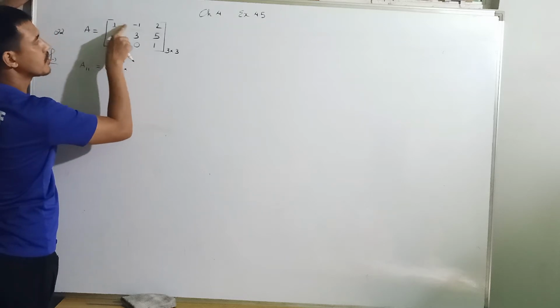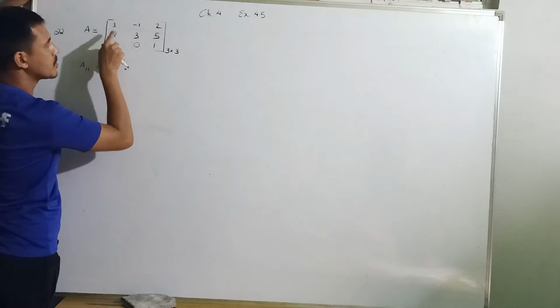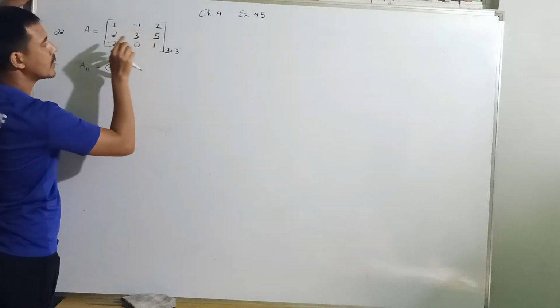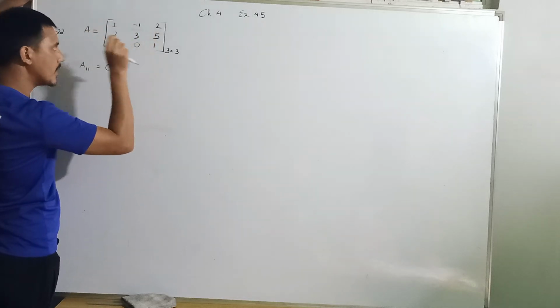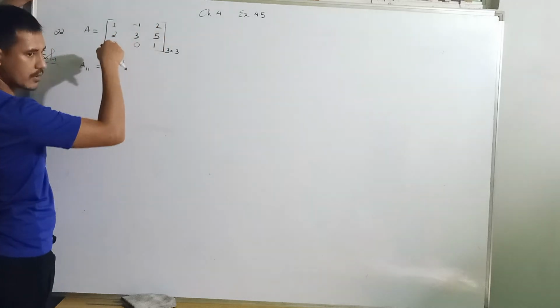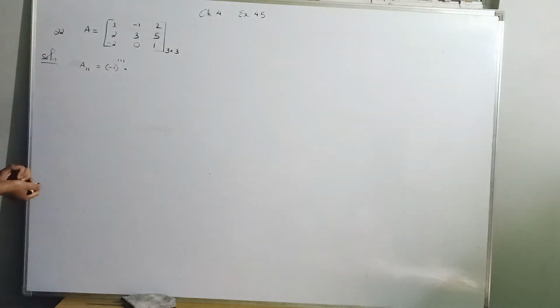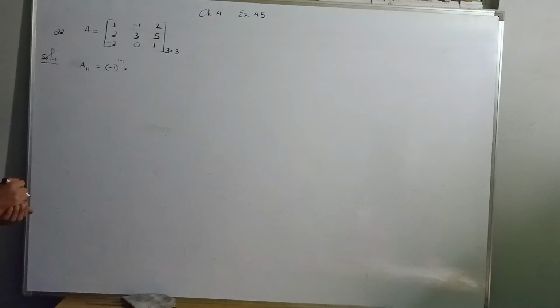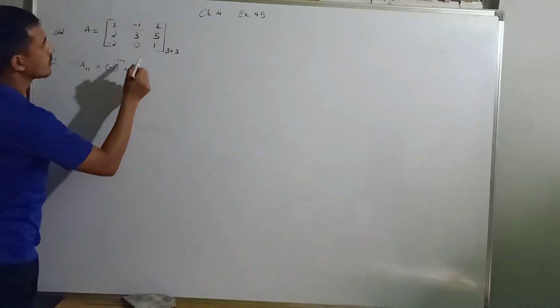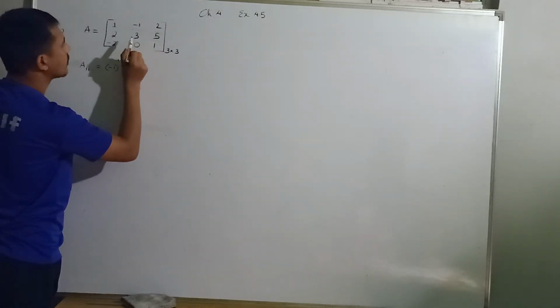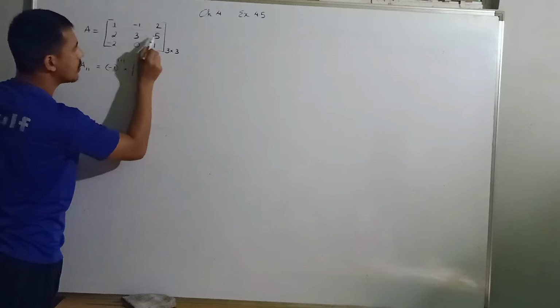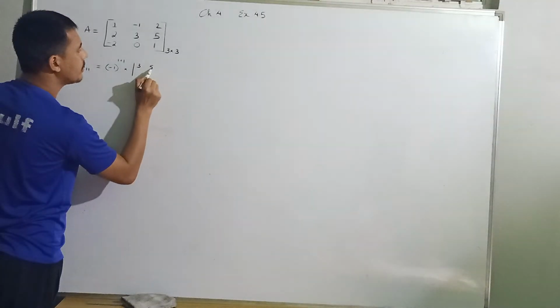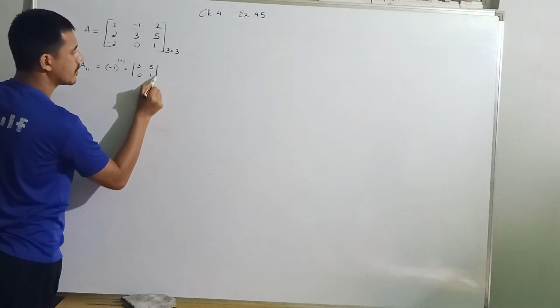So this element belongs to first row and first column. Neglecting this row and this column, we take the determinant of the remaining elements: determinant of 3, 5, 0, 1.